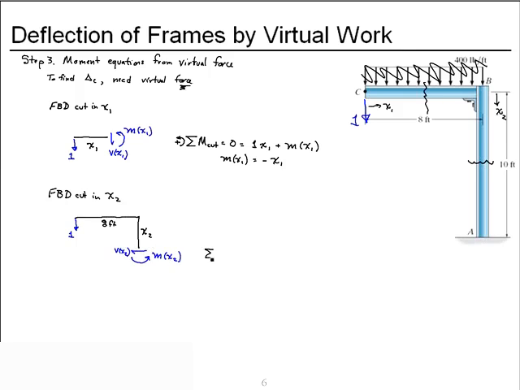Let's sum moments about the cut. We'll take counterclockwise as positive, 1 through 8 feet, plus the virtual moment that is a function of x2. Solve, and our virtual moment in the region of x2 is a constant, minus 8 feet.